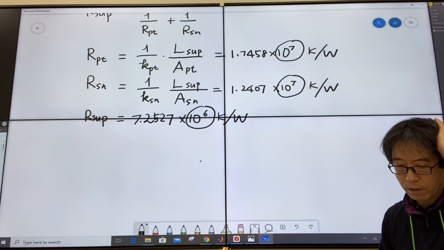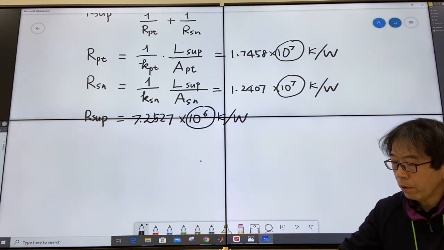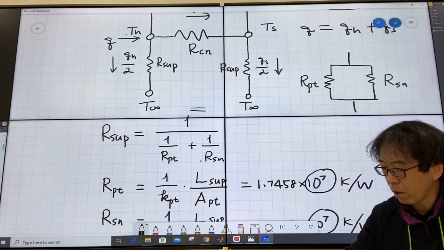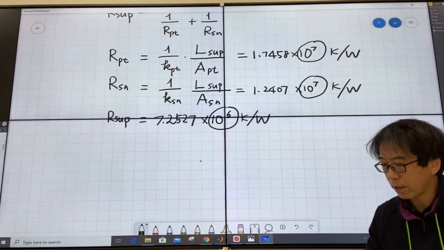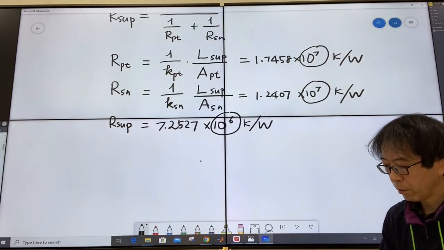Well, now is the time to look at the thermal resistance of the carbon nanotube part. So how can you calculate it?